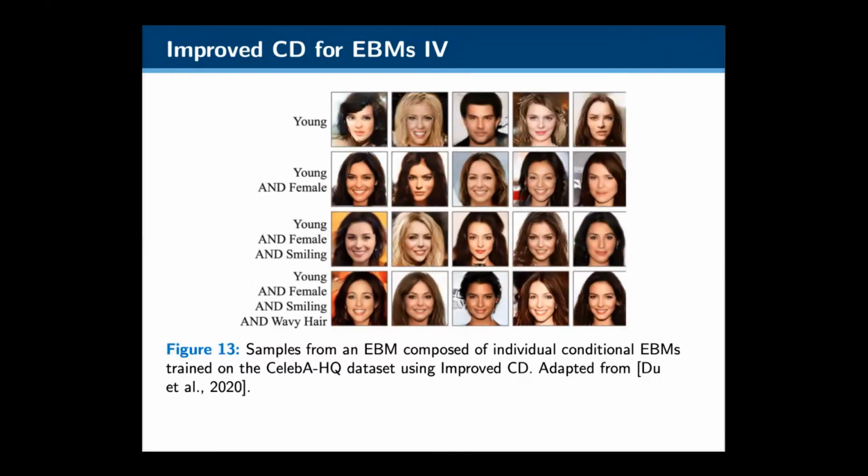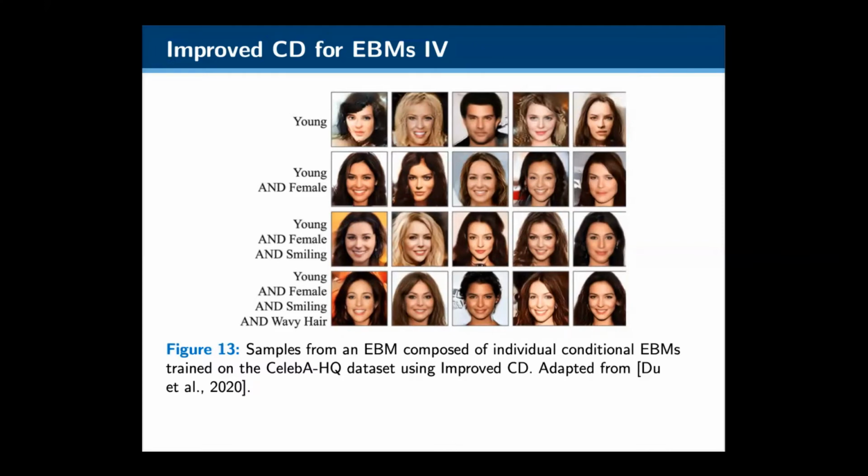And I chose this figure from their paper for two reasons. One, because the faces here look quite reasonable. There's definitely some artifacts. They're not perfect, but they're definitely faces. And two, because this highlights the product of experts acting as an AND behavior that Stratis mentioned.